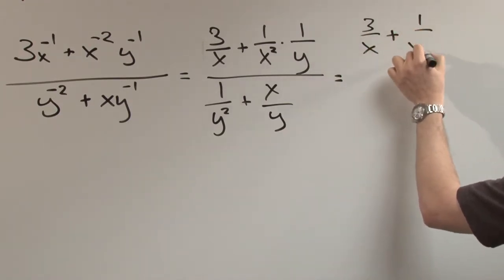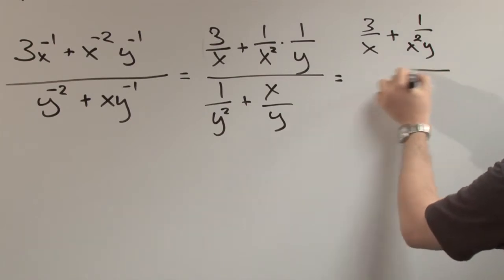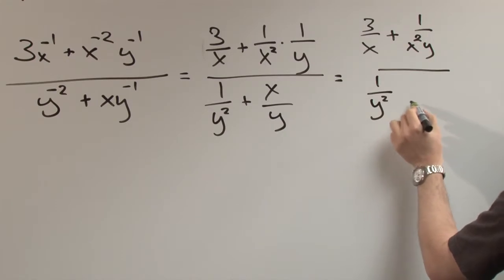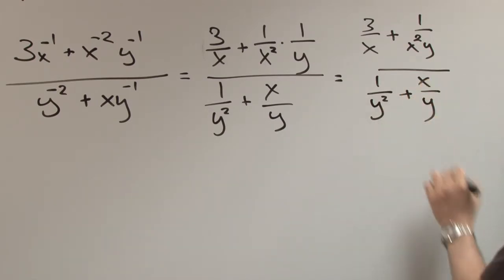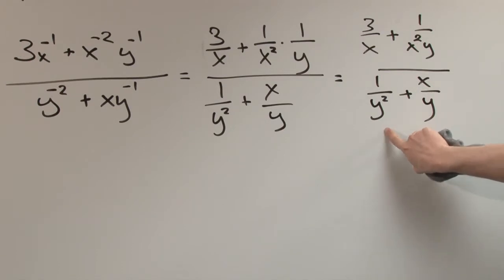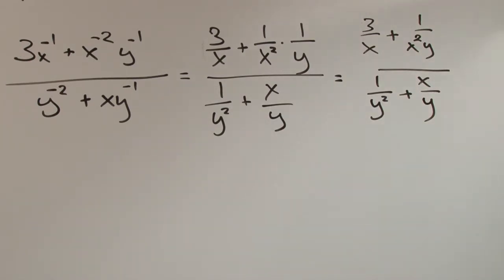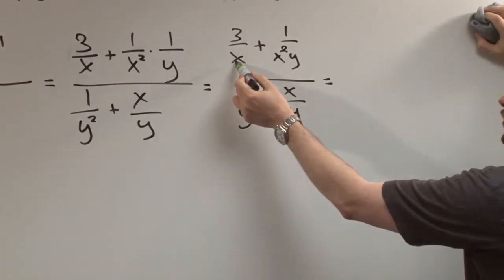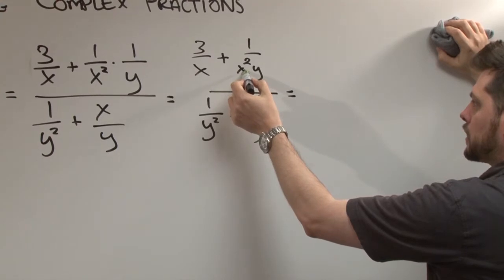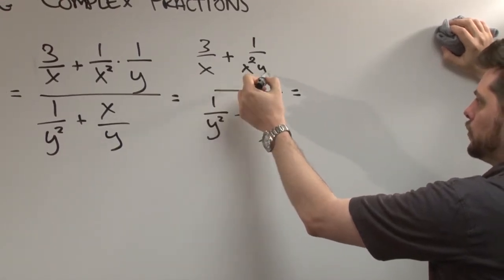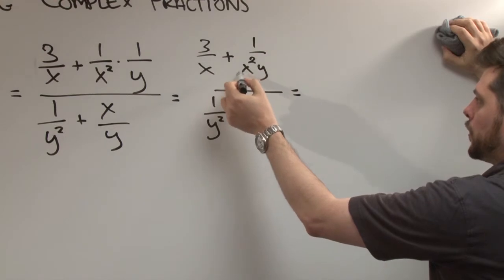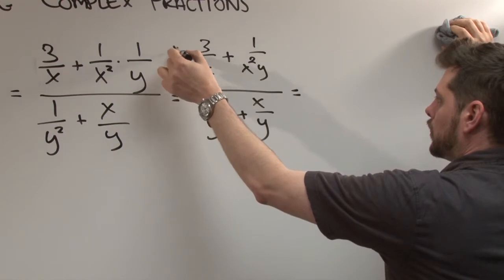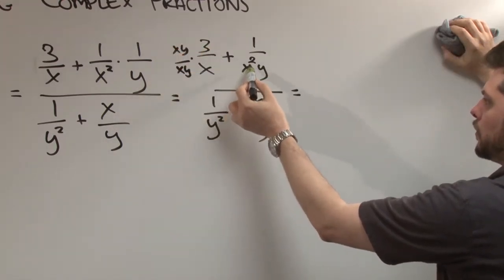Here I note that I can combine the second fraction together. I get 1 over x squared y. Here I can't really do any combination yet until I apply my lowest common denominator. But let me start with the top. Finding my lowest common denominator here, I know that this term shares an x and an x, but I also need to multiply this by xy over xy in order to get a common denominator of x squared y.